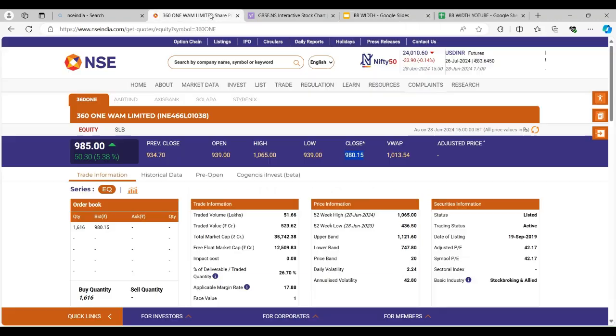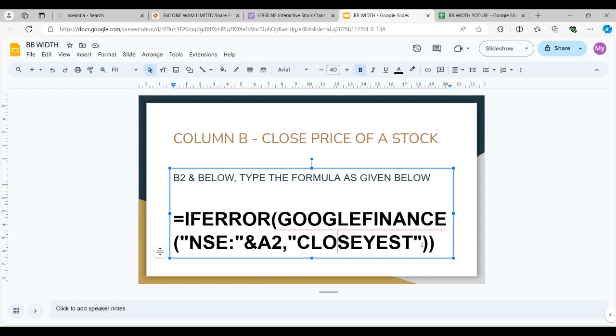So this will happen only on a weekend, where instead of taking the Friday close price, it will take the Thursday close price. In order to get the Friday close price, one needs to wait until Monday morning. So I hope people are able to understand.